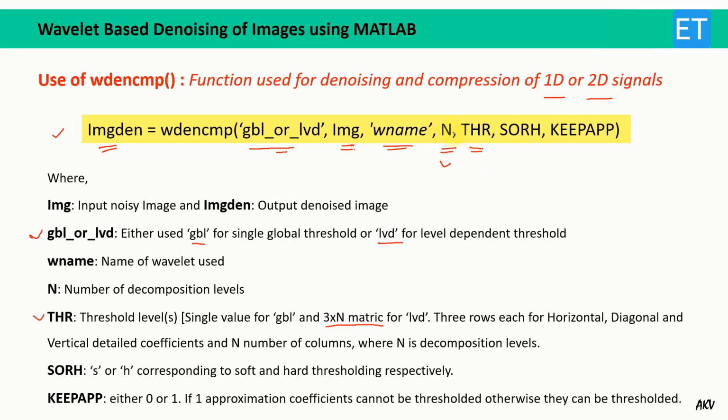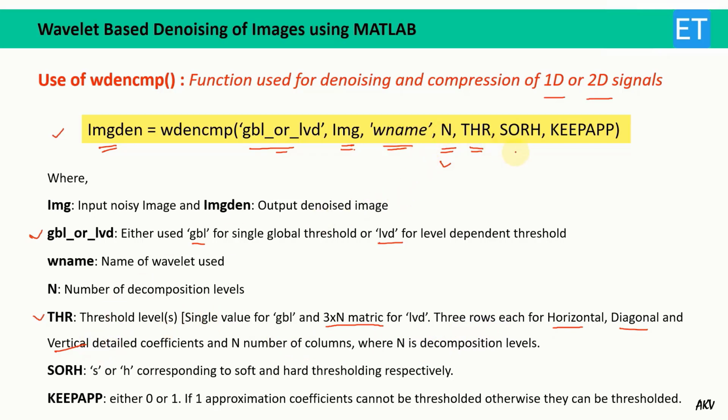So if you write 2 here, that means 2 levels of decomposition, that means it will be a 3 by 2 matrix, and each row corresponds to horizontal, diagonal, and vertical detail coefficients, while n represents the number of decomposition levels. That means it includes all the threshold values for each horizontal, diagonal, and vertical coefficients, and for each level.